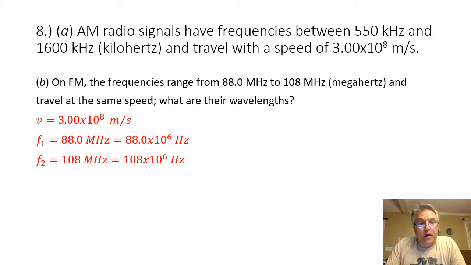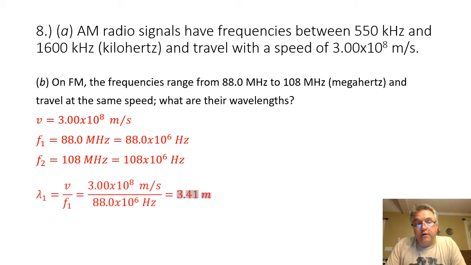hertz. So to find the wavelength of my 88 megahertz frequency, I would divide my velocity by that frequency. So 3.00 times 10 to the 8th meters per second divided by 88.0 times 10 to the 6th hertz will give me a wavelength of 3.41 meters.